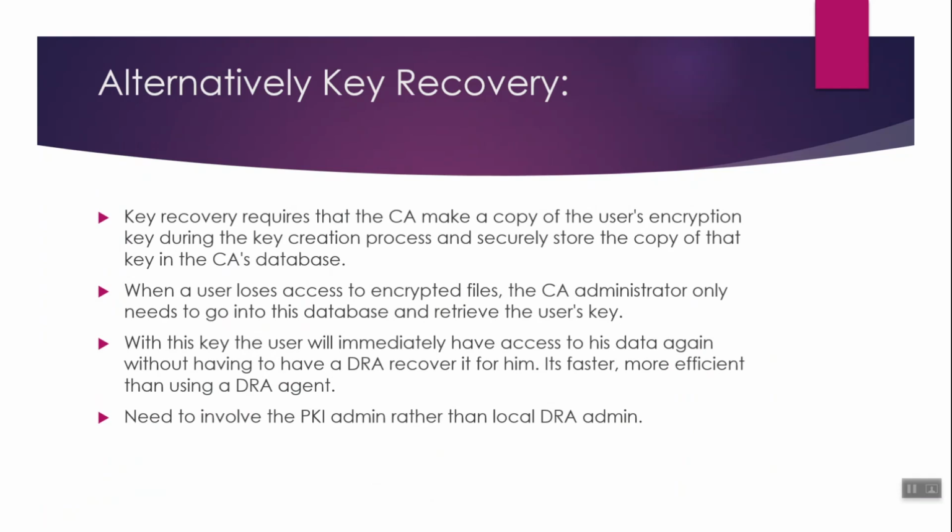Now it brings us to the obvious question. We are saying that we would take the encrypted data to somebody called a DRA and he would be decrypting it for us. So it sounds a little strange: how can a random person decrypt a file which was encrypted using my RSA? How is that possible?